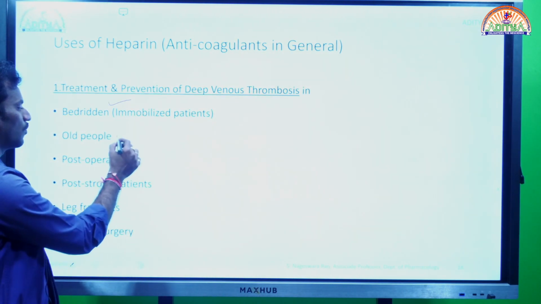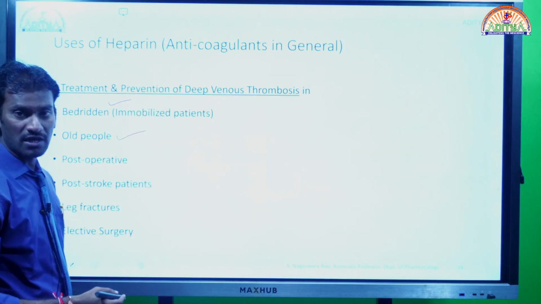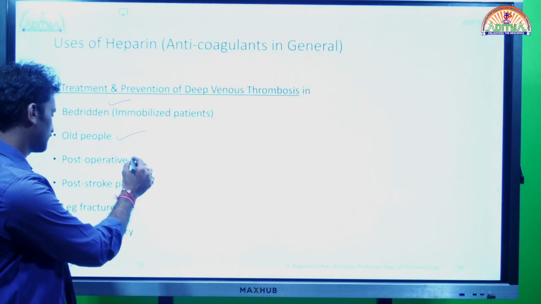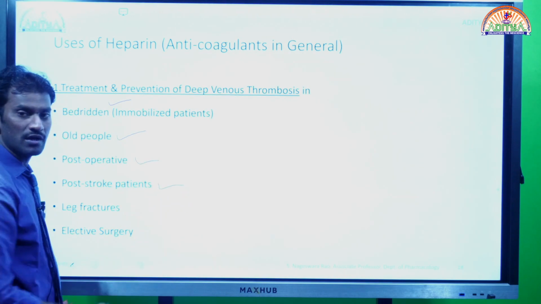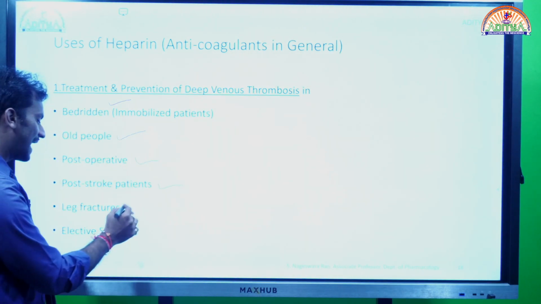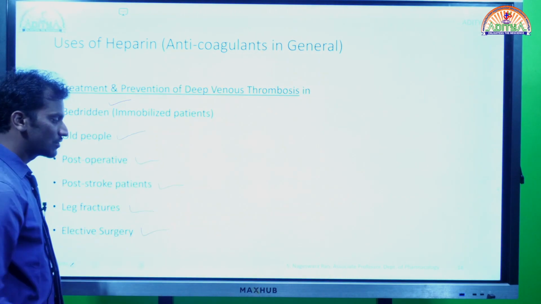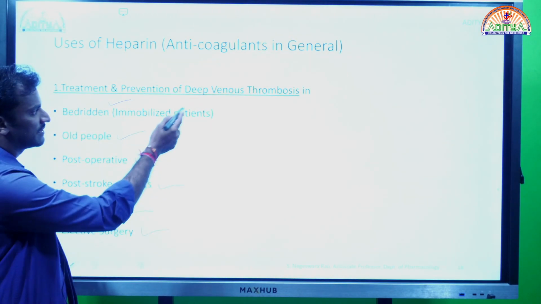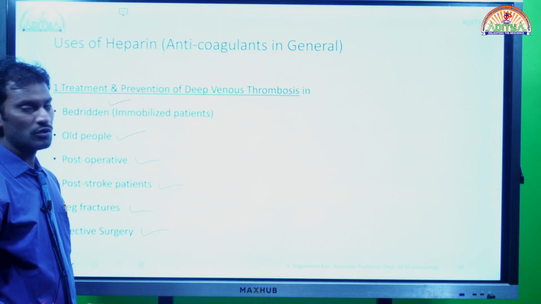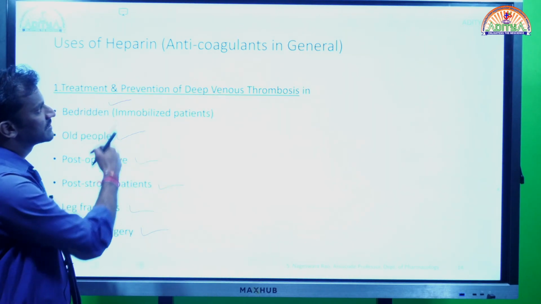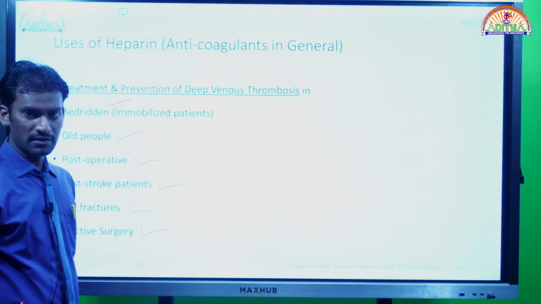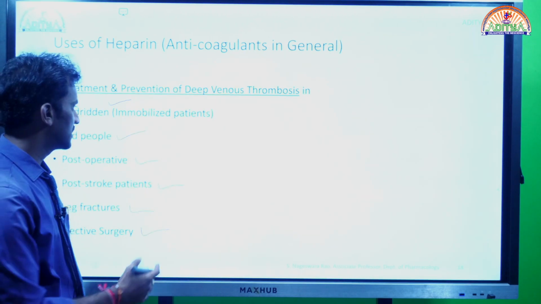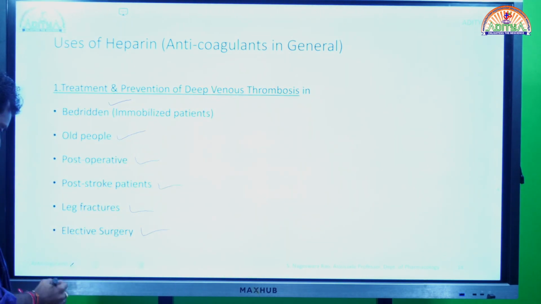Bedridden people, old people, post-operative patients, post-stroke complications, leg fractures, and elective surgeries. In all these cases, we can see deep vein thrombosis. Heparin can be used to prevent deep vein thrombosis in these patients.